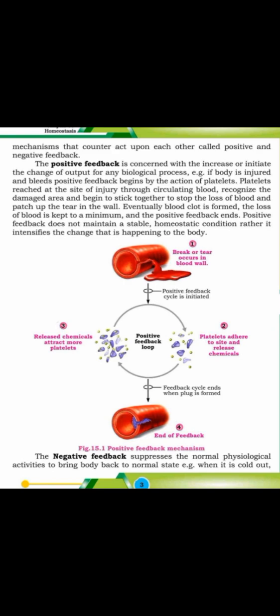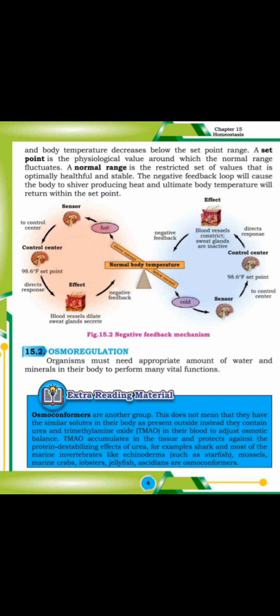For example, when it is cold out and body temperature decreases below the set point range. Dear students, what is set point range? Means a normal range, a range in which all the metabolic processes are normal. It is known as set point or normal position, or we can say homeostatic condition.